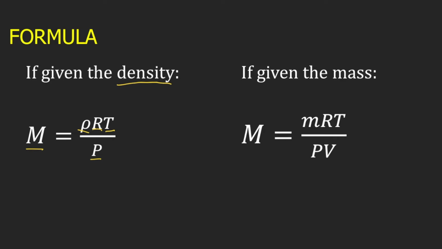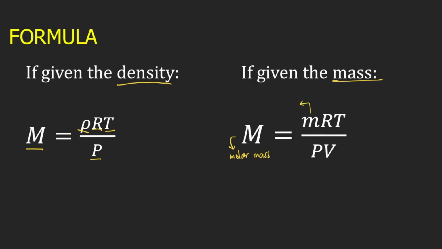Because in this video, we will be focusing on the second case, which is solving for the molar mass if given the mass of an ideal gas. If this is the case, you will use this formula. Capital M, of course, is the molar mass.